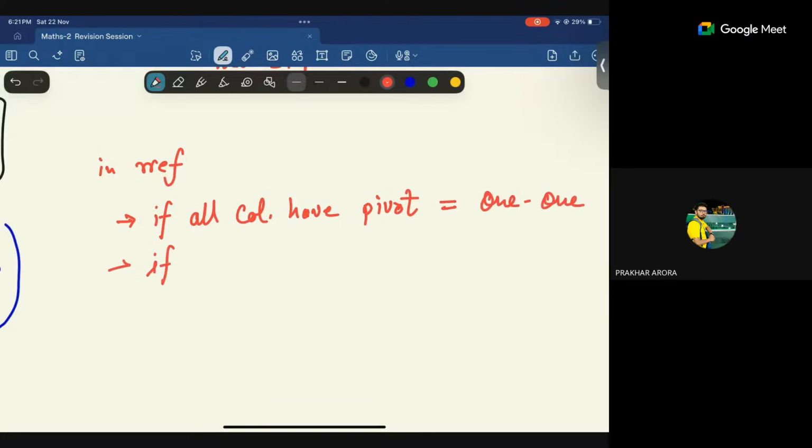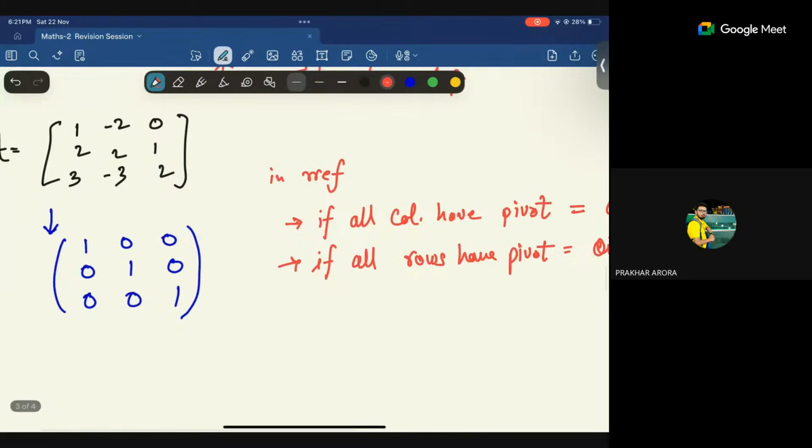If all rows have pivot, this is onto. That's it. Now there are proofs for this also, but I'm not going to get into that. This is how you have to solve it.